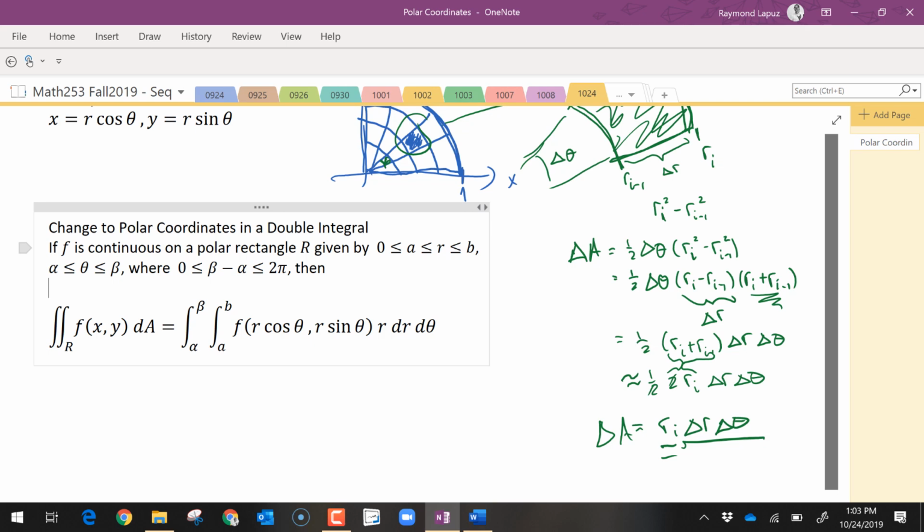When we have a problem with x and y, and then we notice that our region, R or D or whatever it is, has a circle or is a part of a circle or is a whole circle or something to do with a circle or a polar coordinate function or region, and we decide that we want to change it into polar coordinates with hopefully an easier way to integrate, then whenever we do this transformation, you just have to remember your r.